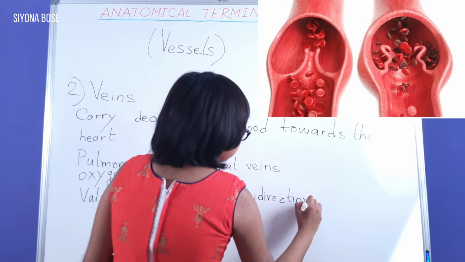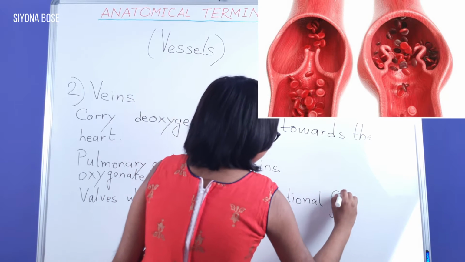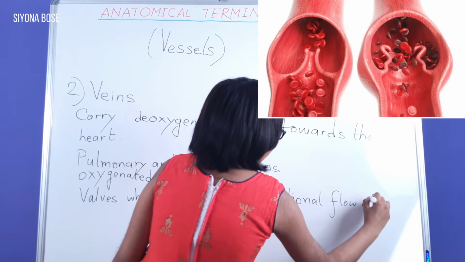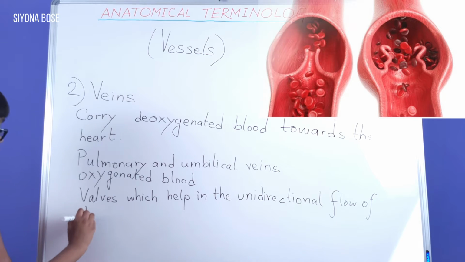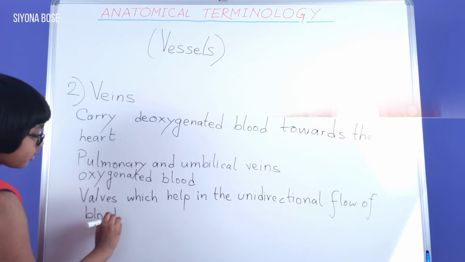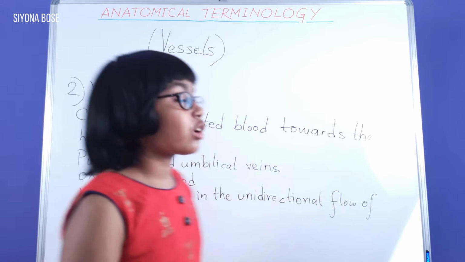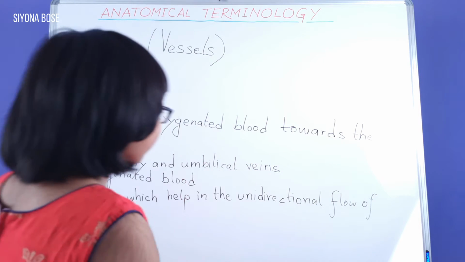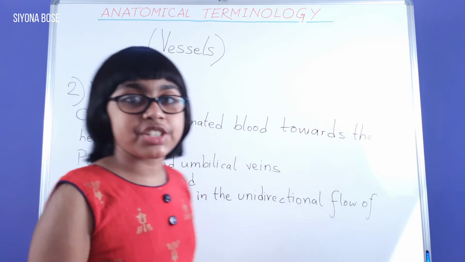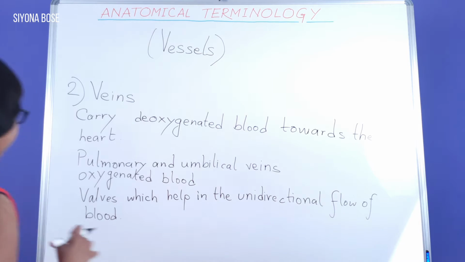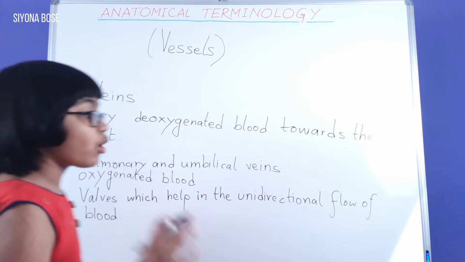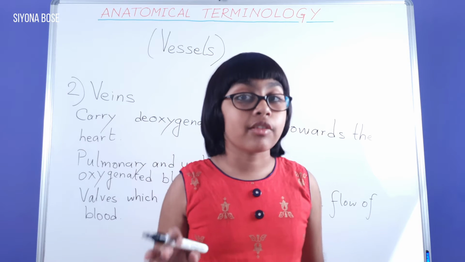By the word unidirectional, it means in one direction. These valves in the veins help in one direction for the flow of the blood.